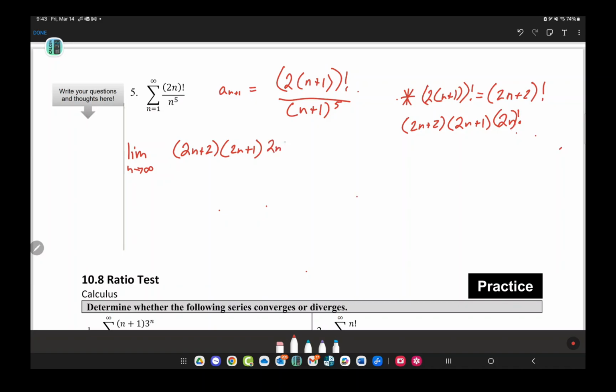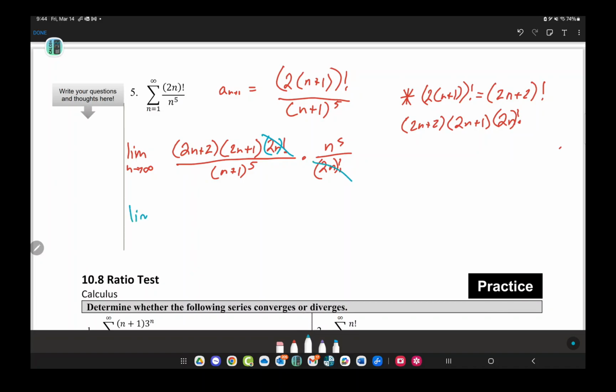Now, the reason why we wrote it like this is because now I have 2n factorial on the top and the bottom, over n to the 5th. So in this case, I can cross out 2n factorial. And that's it. That's all I can cross out.